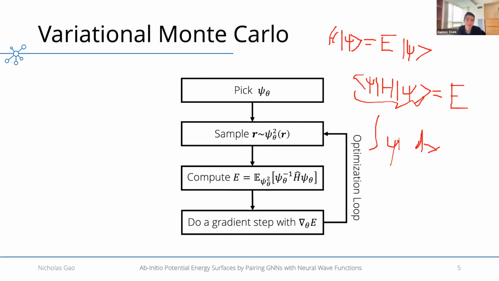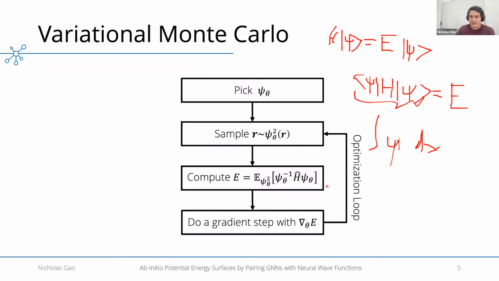So essentially, to finally compute your E, you take the integral over your psi squared of theta, over all of the positions that you sampled, a single set of positions, and then you have this psi H psi term there, and that whole integral is something you need to compute.